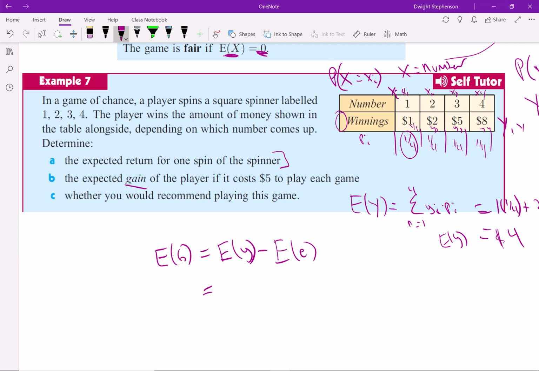So in this case, you expect to gain $4 each turn, right? Because that's what we figured out here. But then you have to pay $5 each time, right? This expected expense is $5. So our expected gain in this case is -$1. So we actually expect to lose $1 every single time we play this game.